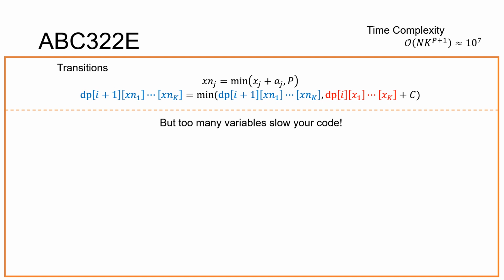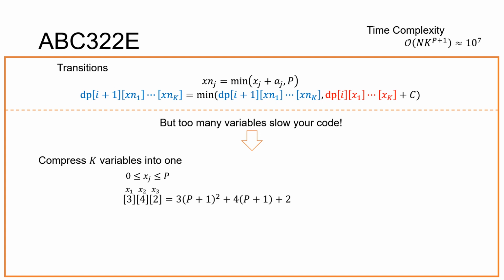So for the improvement, let's compress the k variables into one. Since each variable xj ranges from 0 to p, the tuple of them can be represented as a single k-digit number in the base p plus 1 system in this way.